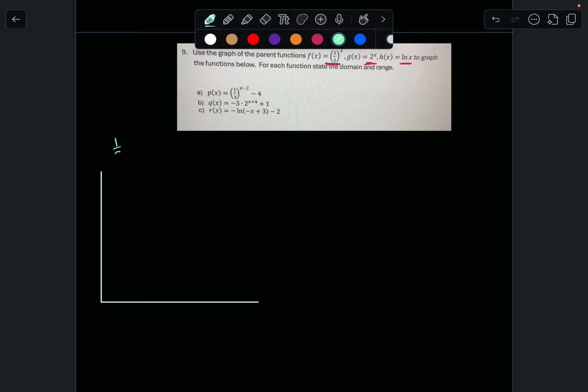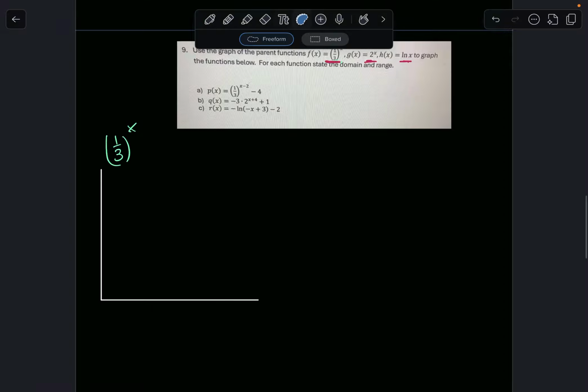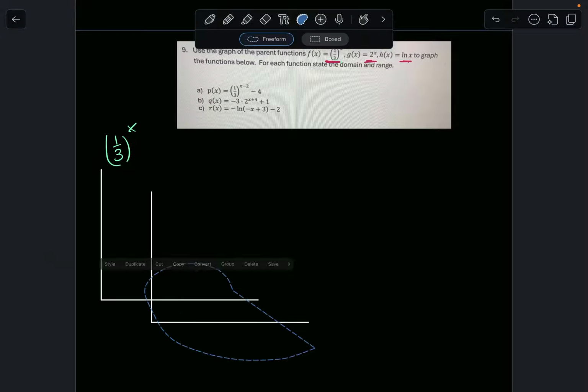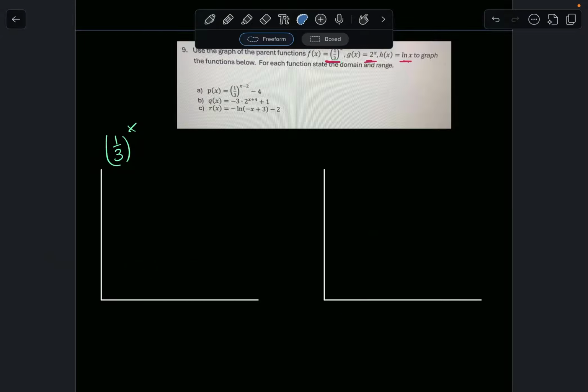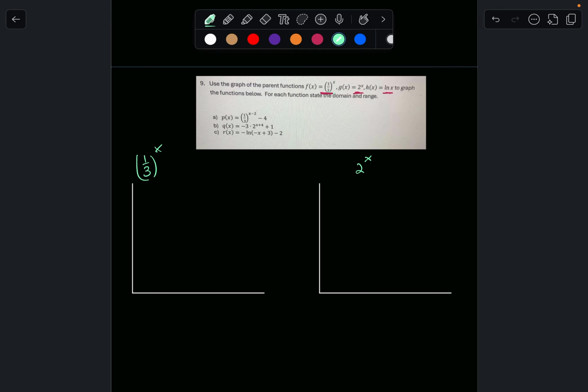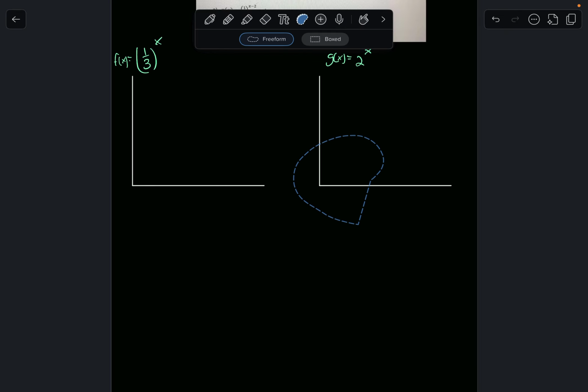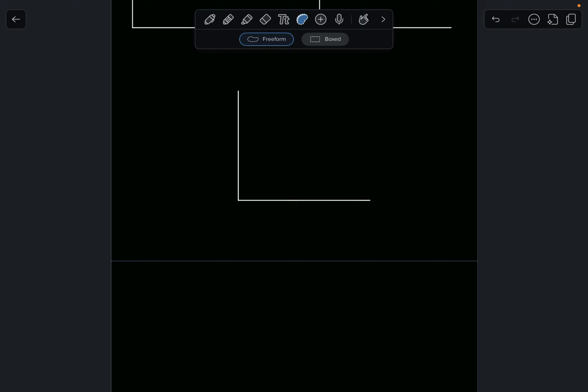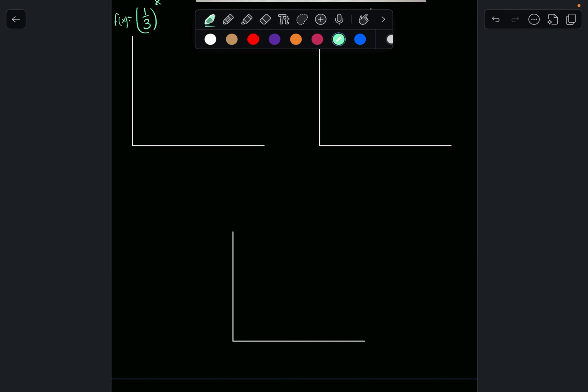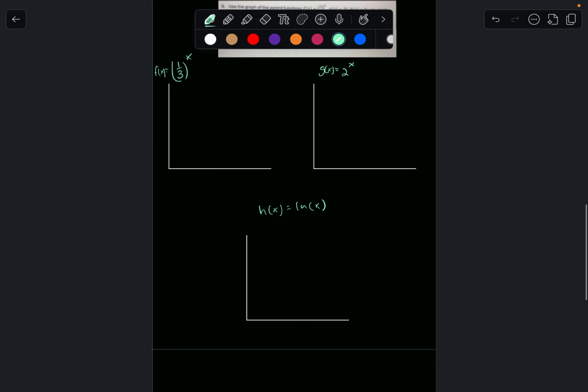So this is going to be 1/3 to the x. This is going to be 2 to the x. Sorry, I should be writing this correctly. f of x equals, g of x equals, h of x equals ln of x.